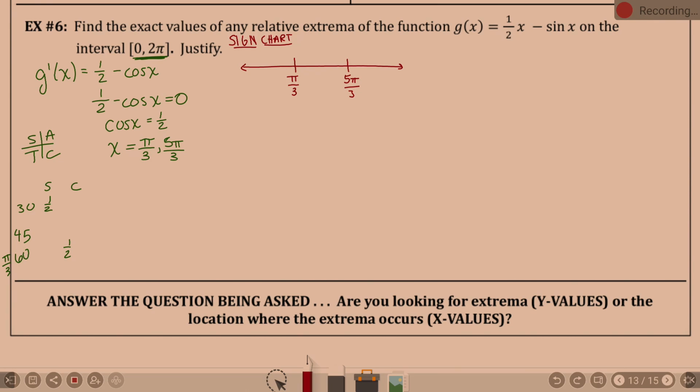Pi over 2? No, that'd be on the inside. It's pi over 1 half minus 1 half. Oh yeah. Help me out. How do we figure this out? Pi over 2, right? Why don't we do 0? 0's to the left of pi over 3.